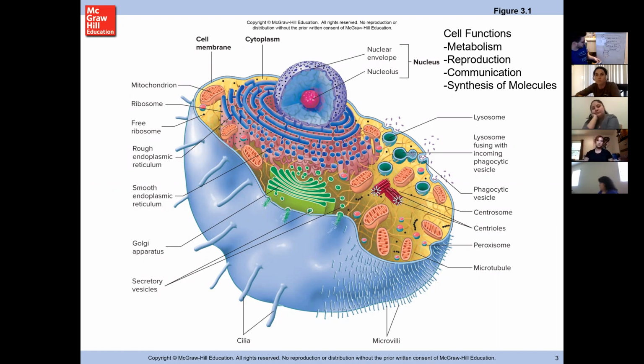But if we're talking about surface area, surface area is the number of sides times the individual side area. We have 6 sides, but each one of those sides has an area of 1. So 6 times 1 equals 6. So the total surface area of this cube would be 6, okay?